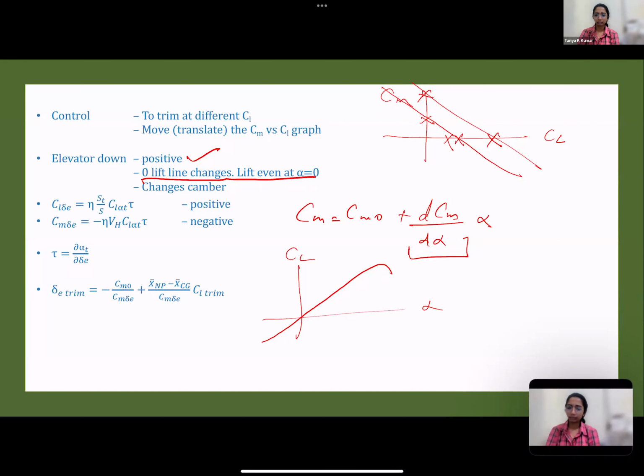Think about it. What is the difference in the CL versus alpha graph for symmetric and cambered? How will this graph change? Will it rotate? Will the slope change? Will the intercept change?